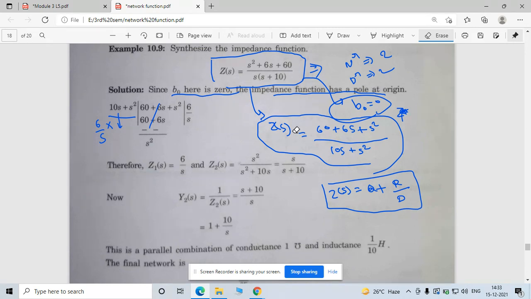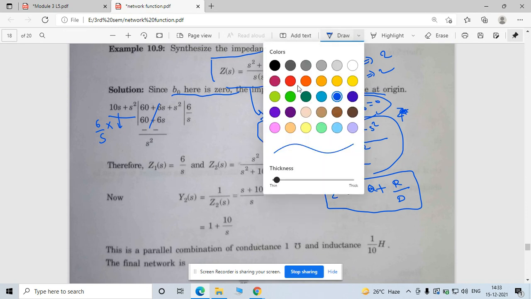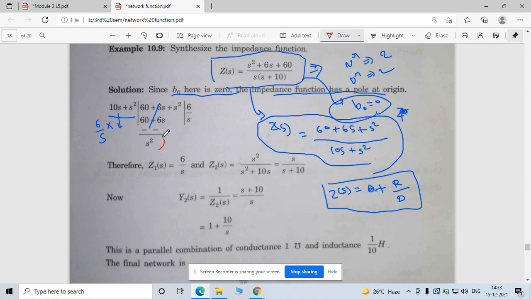When you divide and get the remainder, to proceed further you have to divide this term with this, 10s plus s square. If you observe, this represents 10s plus s square divided by s square.